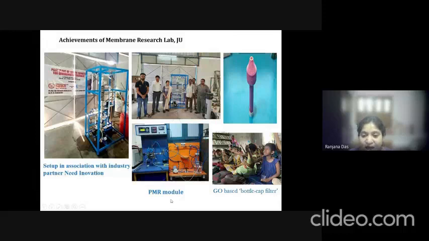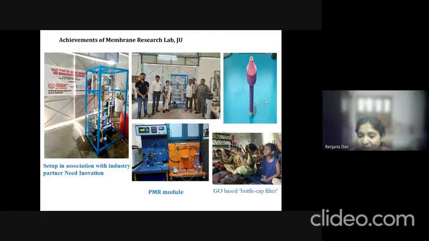And this is the photomembrane reactor module that we are using in our lab for this photocatalysis process. And this is indigenously designed by us. And this one is the geo-based bottle cap filter. This has already been developed and it has already been distributed to some schools, underprivileged ones, and NGOs.